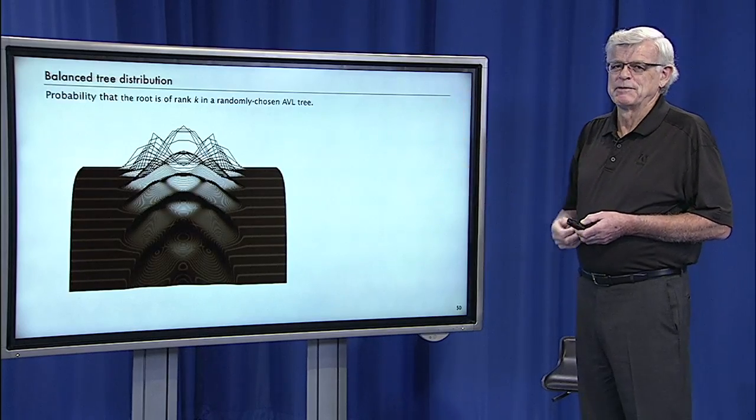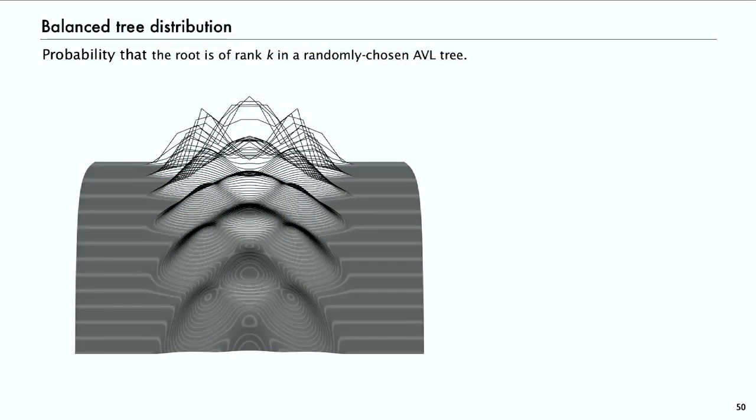This plot that we've been using as our logo is related to that problem. There's one kind of balanced tree called an AVL tree, which again represents a binary tree. And this is the normalized plot of the probability that the root is of rank k in a random AVL tree. Again, that's a random tree model, just like the random Catalan tree model.